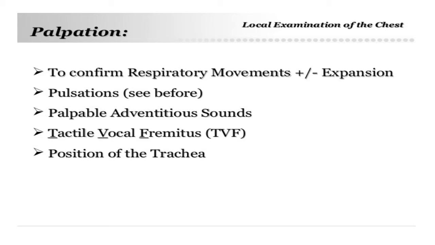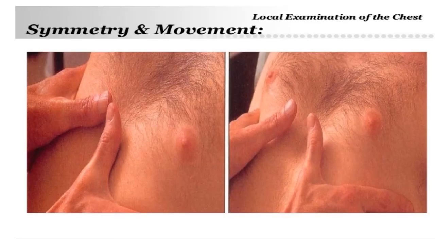About the position of the trachea, it's very important to palpate the trachea. This is how you do palpation. You do it in three areas: top of the scapulas, beneath the nipples, and at the level of the diaphragm.